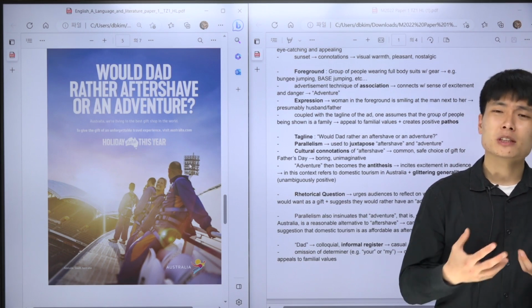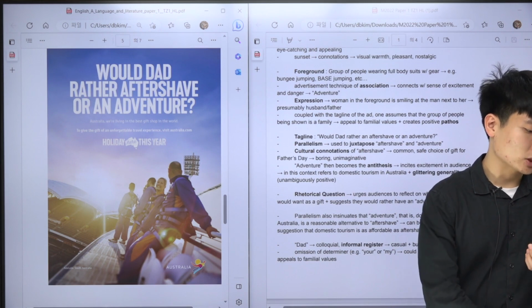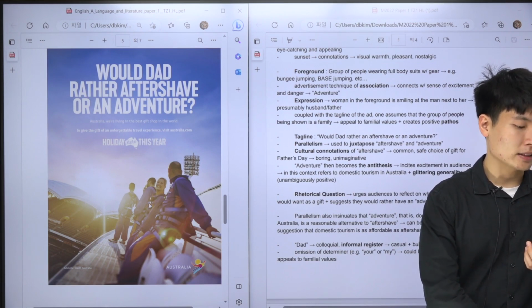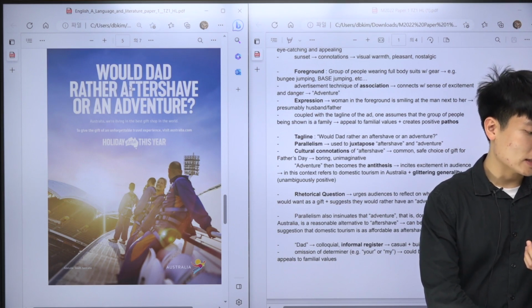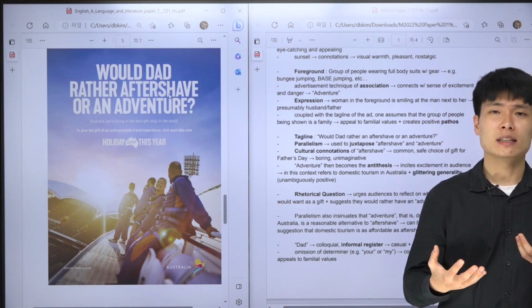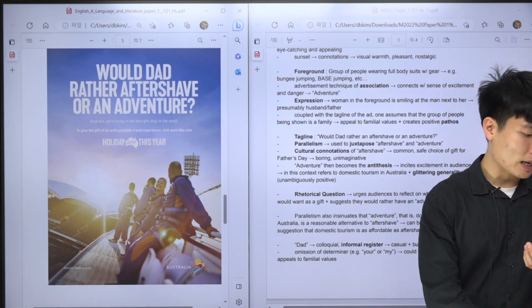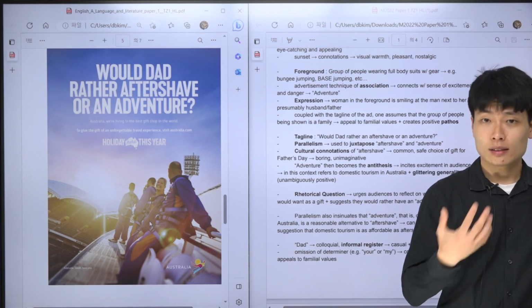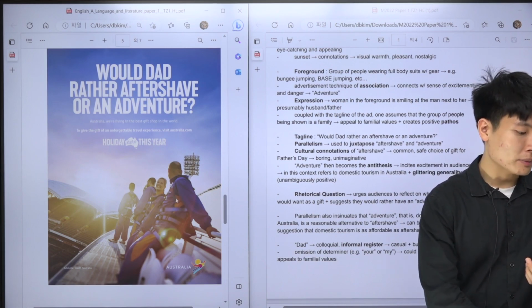When it comes to visual features, we could also talk about the expression that the woman is making here. We can see that she's smiling next to the man next to her, and again, judging by the tagline of the advertisement, we can safely assume that that man is her husband and perhaps the father of the other two people waiting in line. That means we are looking at a family unit.